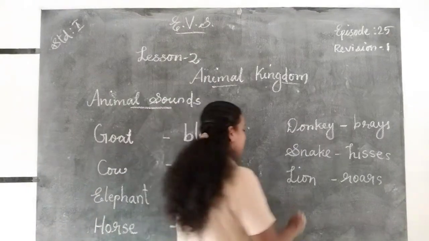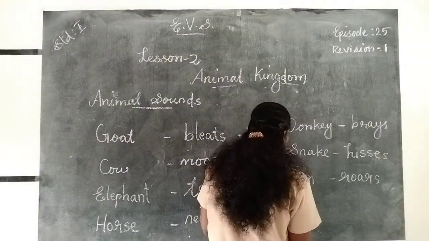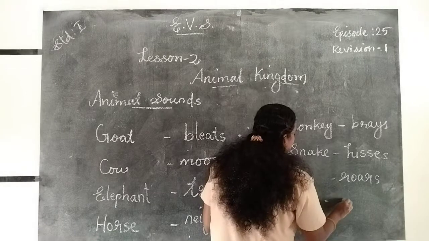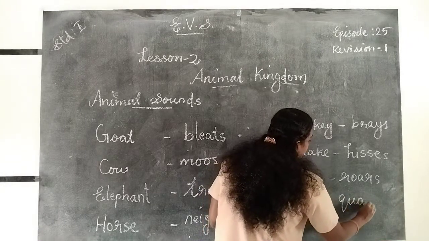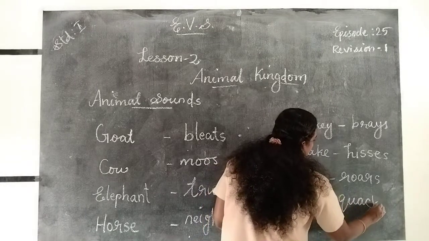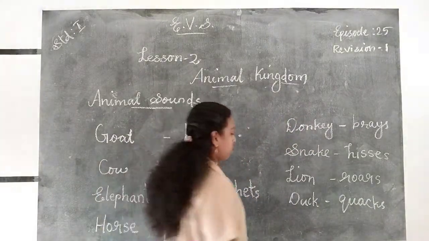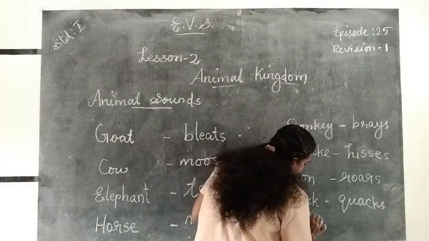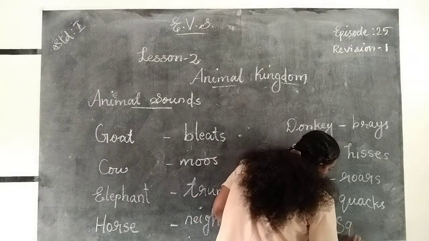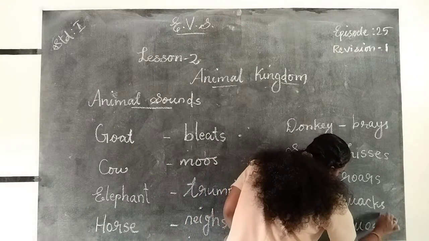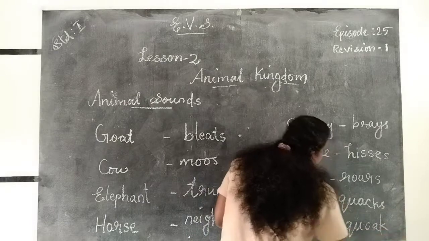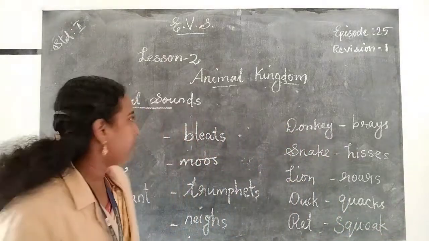Then duck, D-U-C-K, duck. Quacks, Q-U-A-C-K-S, quacks. Then the last one, rat. Squeaks, S-Q-U-E-A-K, squeak. So these are the different animal sounds.